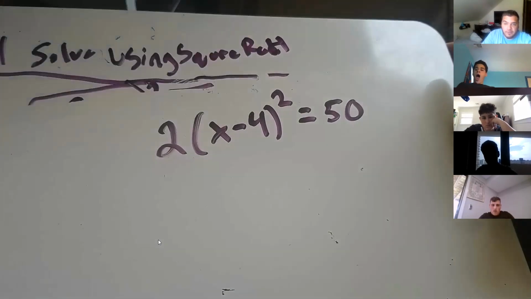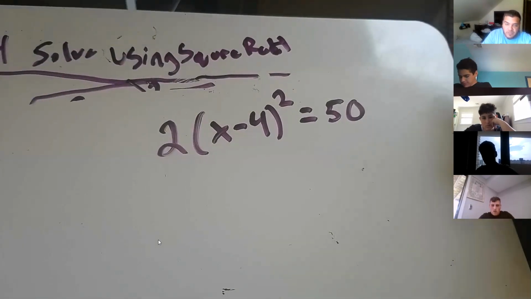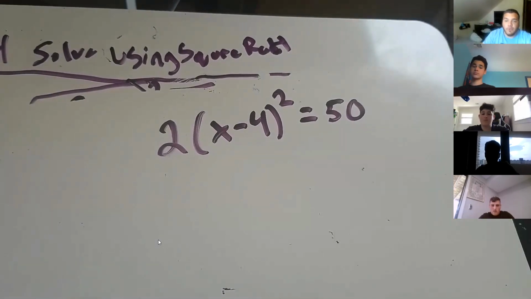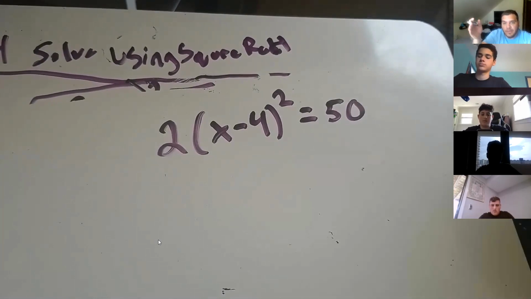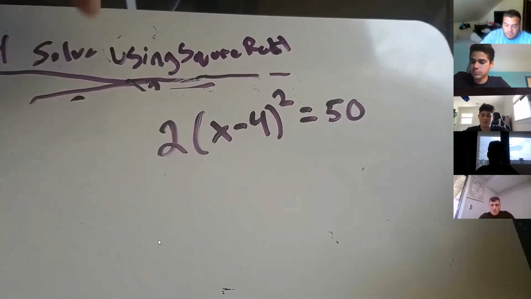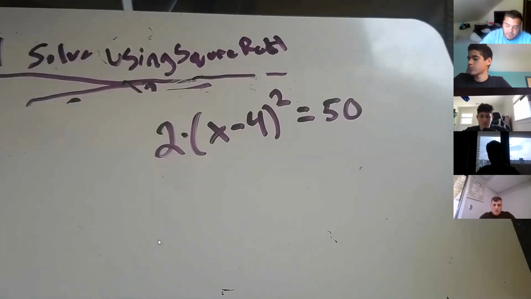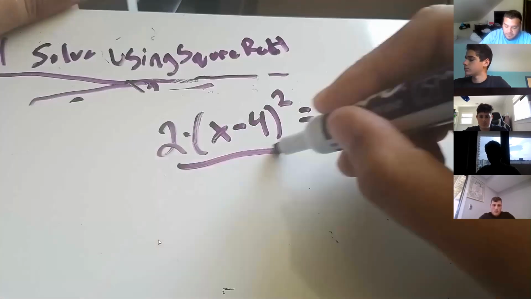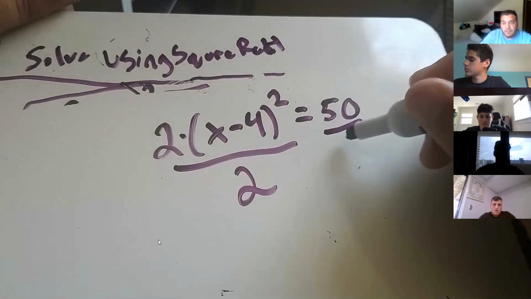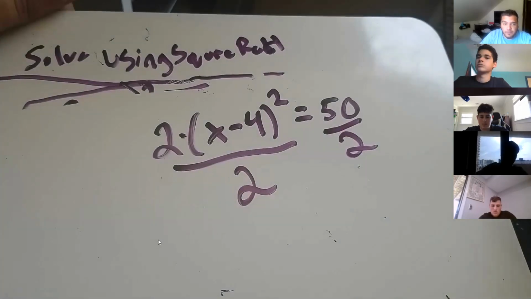That would be incorrect. So what we're instead going to do is remove everything away from the parentheses, like we remove everything out of the way of a variable. So this is 2 times (x minus 4). The opposite of times 2 is divided by 2, which means I have to divide by 2 on the other side.